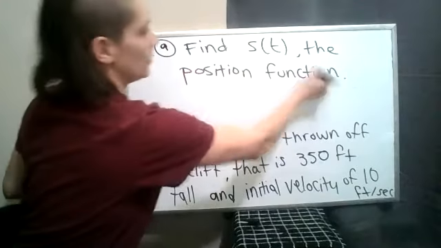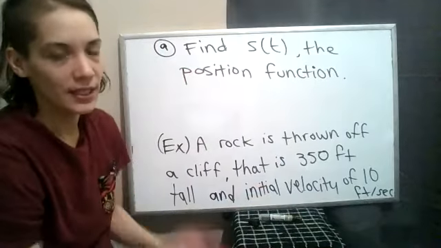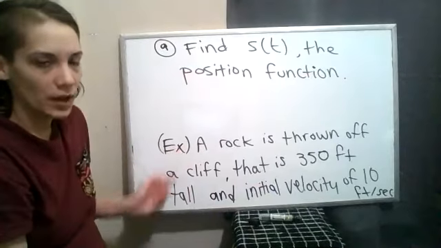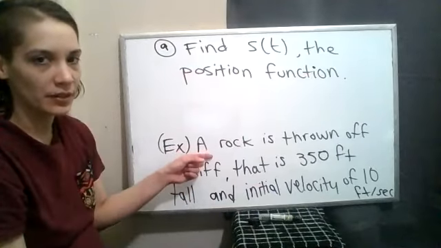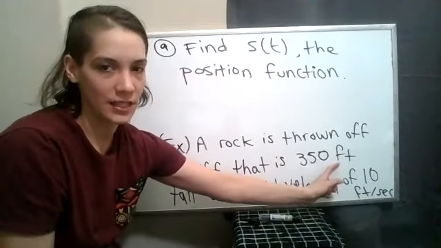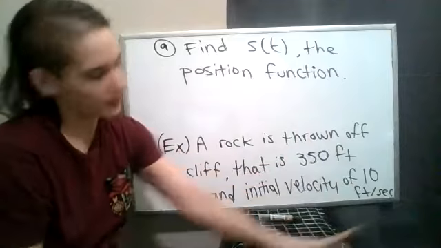Cool. And that's all we're doing for part A. So even though your problem doesn't tell you anything about gravity, we are near the surface of the Earth, and we do have gravity. We're going to use units of feet, so it's negative 32 feet per second squared.